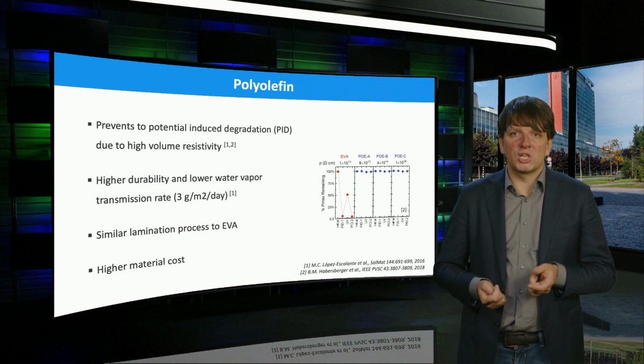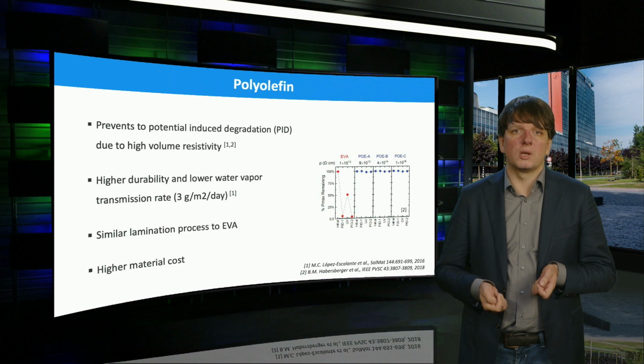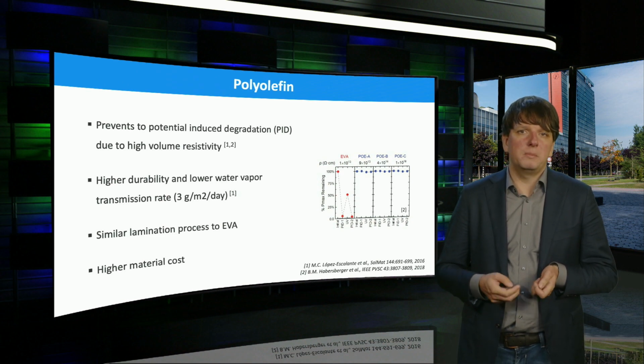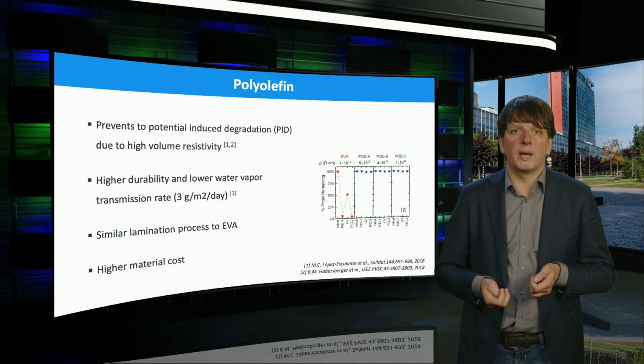This will be especially important for future perovskite solar cells, which degrade more easily than today's silicon solar cells. As polyolefin is laminated in a similar process to EVA, the switch generally does not require different tools. The main disadvantage of polyolefin compared to EVA is the higher material cost.